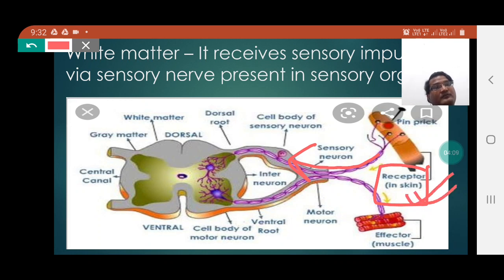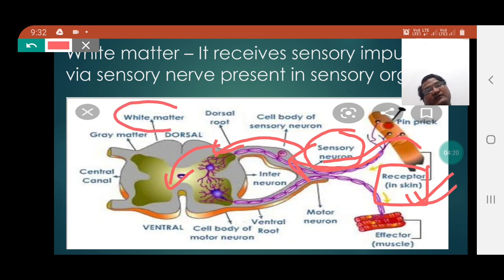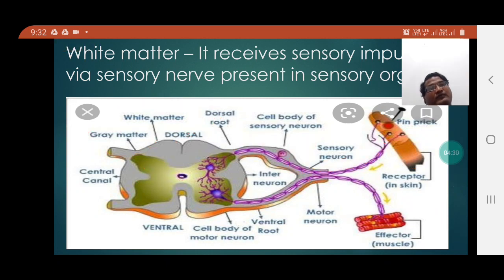From the skin, the information is carried by the sensory nerve to the white matter and thereafter to the grey matter. This is the white matter, you can see here, and this here is the grey matter. So very distinctly we can see the white matter here and the grey matter here.